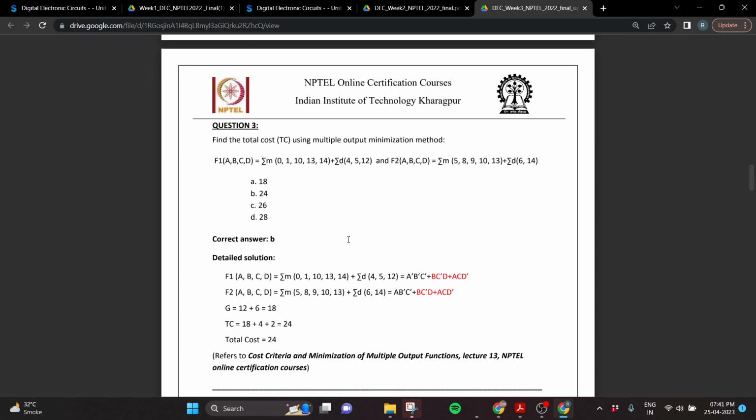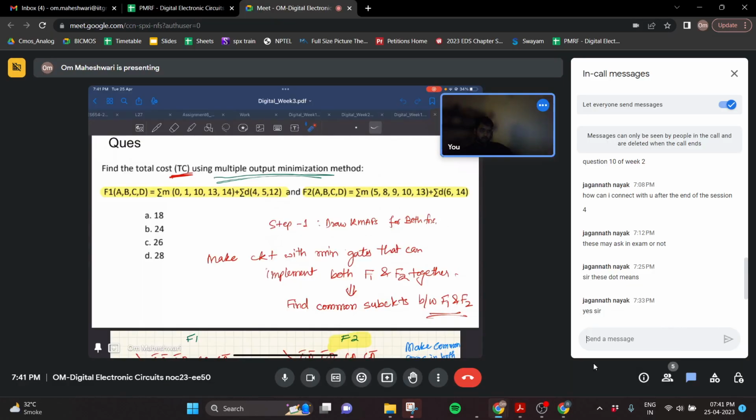First question. I think this is the question. Question 3 of week 3.